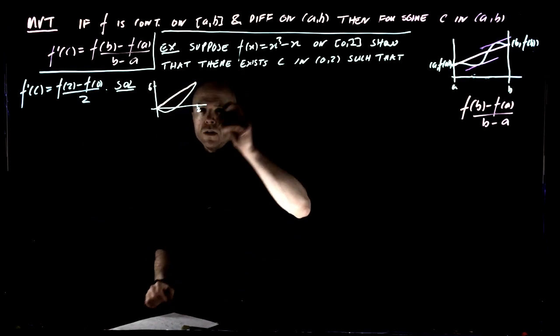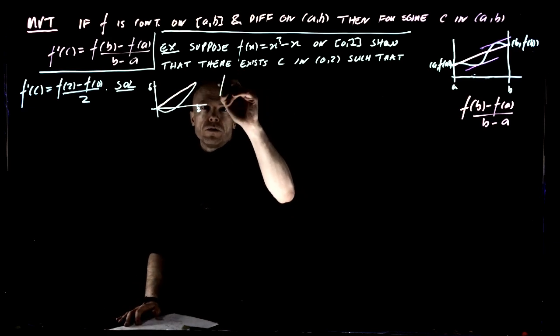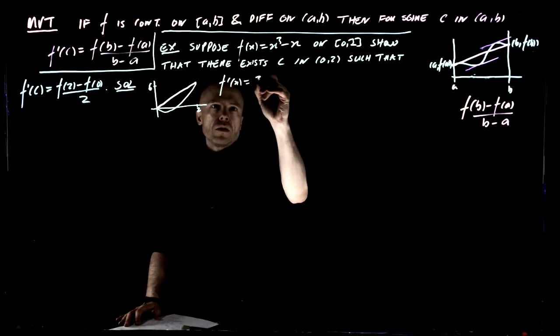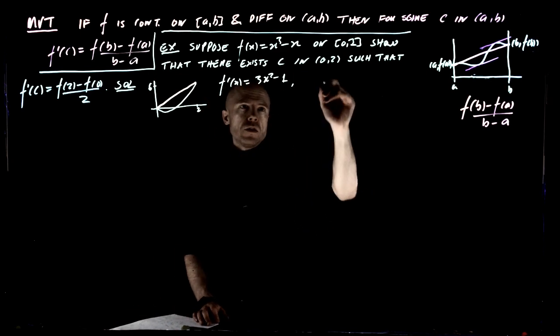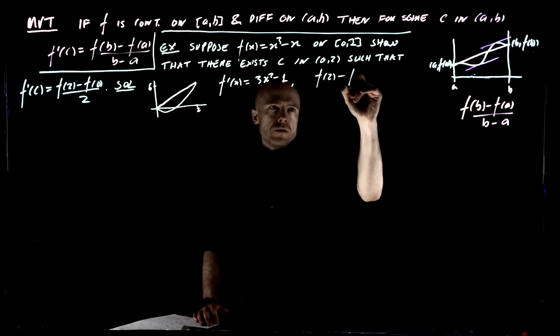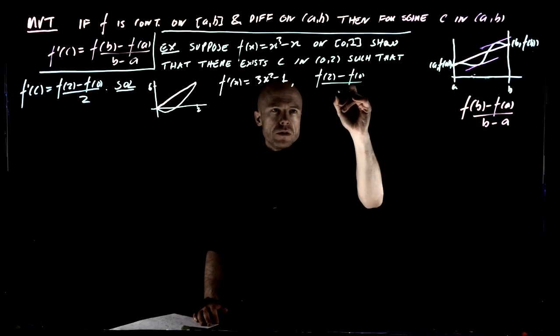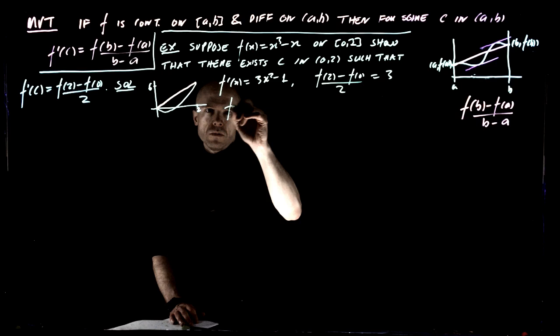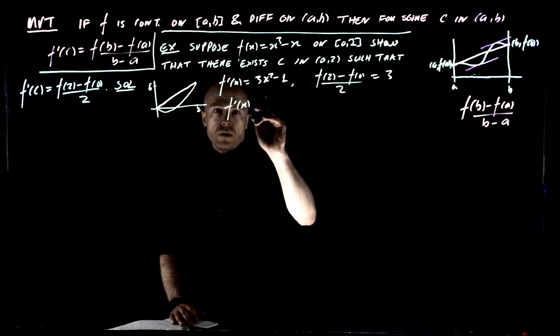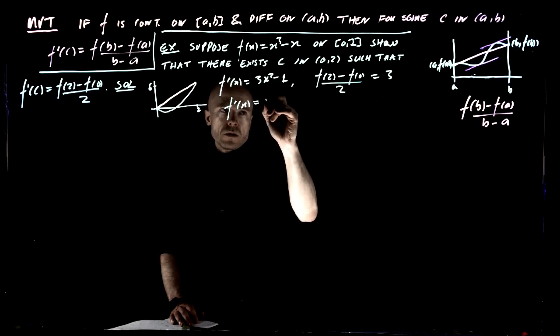So a solution: let's just calculate the derivative. F prime of x equals 3x squared minus 1. What is that slope? F of 2 minus f of 0: f of 0 is 0, f of 2 is 6, so it's just 3. So let's find the x such that f prime of x equals 3.